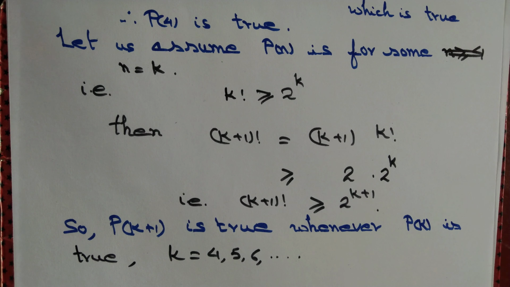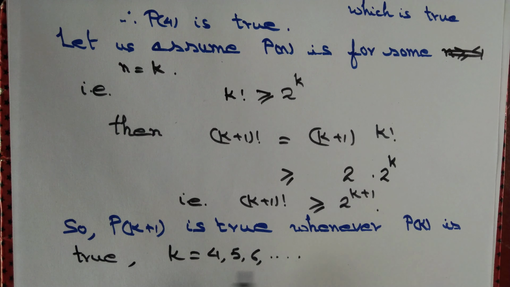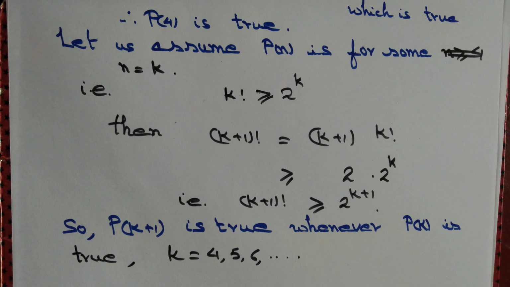So we know that starting P(4) is true. From this statement we can say that P(5) is true. Again taking k equal to 5, we can say that P(6) is true. Again taking k equal to 6, we can say that P(7) is true. In other words, P(n) is true for every n.